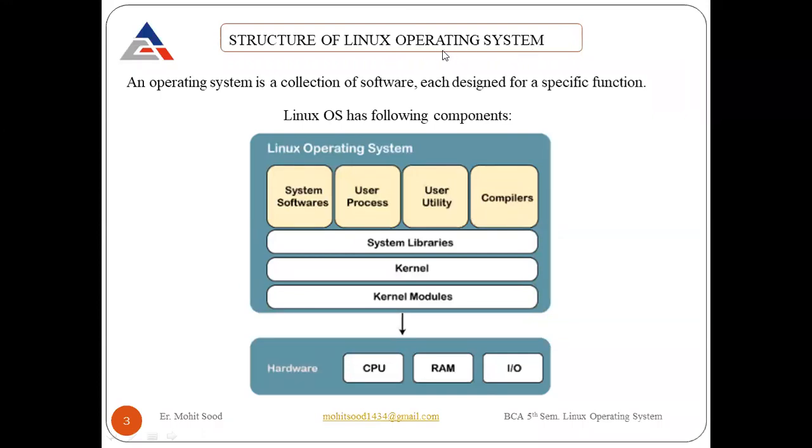First of all, I will tell you about the kernel because the kernel is a very important part of the Linux operating system. You can say it is the core part of the operating system. Basically, the kernel establishes communication between devices and software.